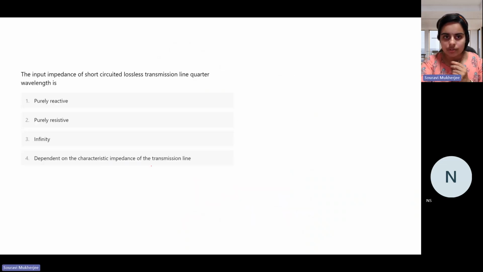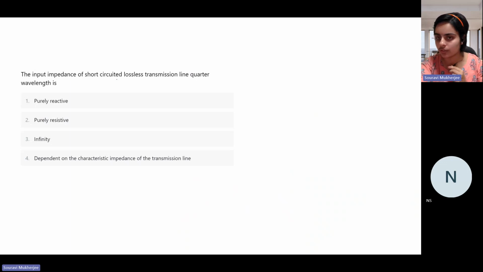Okay. So now let us look at some typical questions. The input impedance of a short-circuited lossless transmission line, quarter wavelength. Quarter wavelength means lambda by 4. So you want to find the input impedance, Z in, of a short-circuited lossless transmission line.